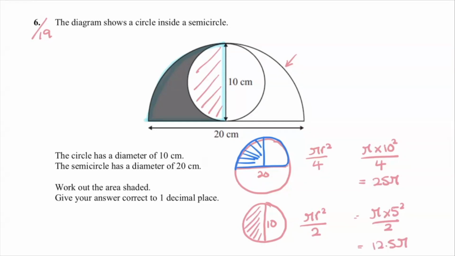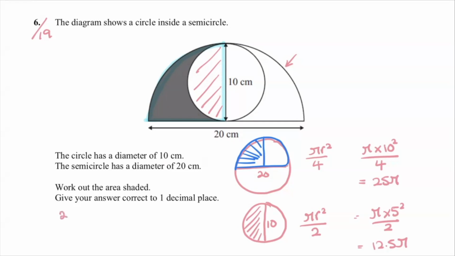Now to get the shaded region, I'm going to be taking the quarter, and it's almost like you're taking this quarter and punching this out of it so that it's gone, and you're left with this shaded area. So the last step is to take away.